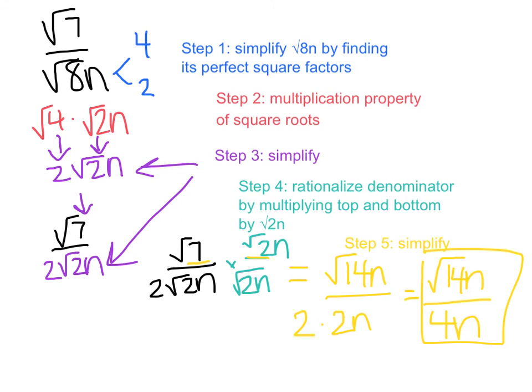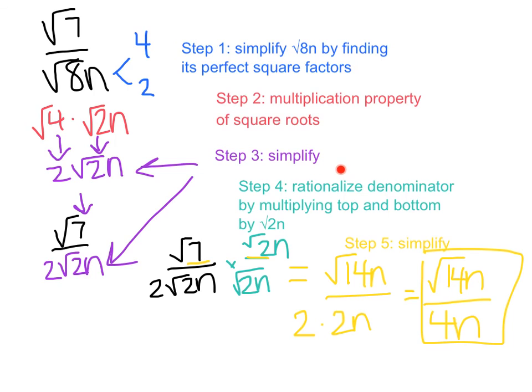Let's try one more problem. Let's look at root 7 over root 8n. Our first step is to simplify 8n by finding its perfect square factors. Factors of 8 are 4 and 2, and 4 is a perfect square. So, step 2, according to the multiplication property of square roots, we break root 8n into root 4 times root 2n.